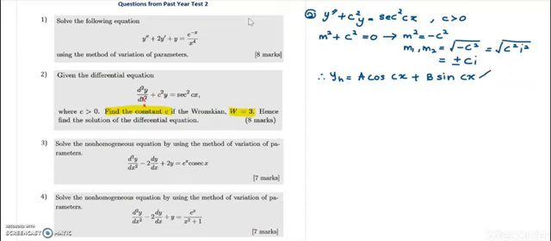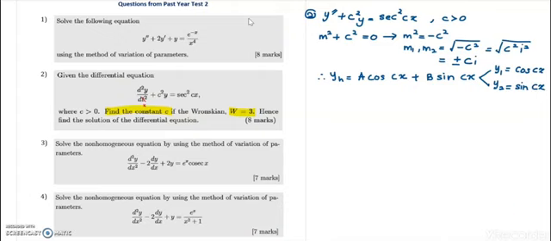Based on this yh, again, we need to write our y1 and our y2. The first term is A cos cx, so we ignore the A and have cos cx, and then we have sine cx.